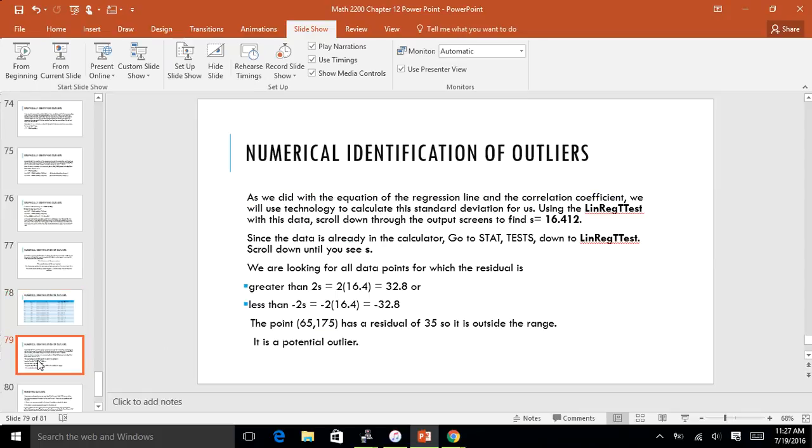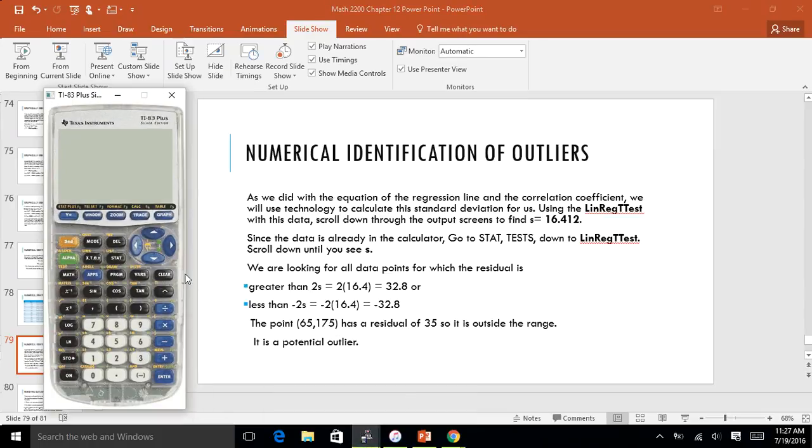So then my next step is to go back to how I got my standard deviation. Let me turn it back on. I go stat, I go over to test, and I go down, I think it was E. Yep, then I hit enter, scroll down to calculate, and go all the way to the bottom, and I get S equals 16.41.